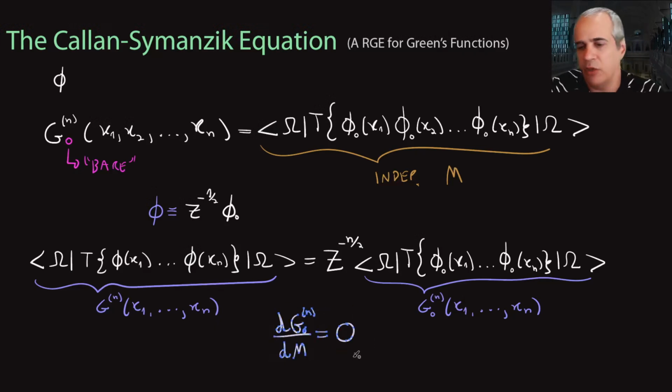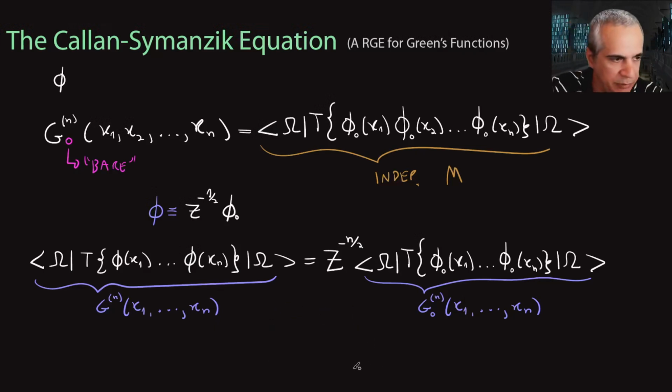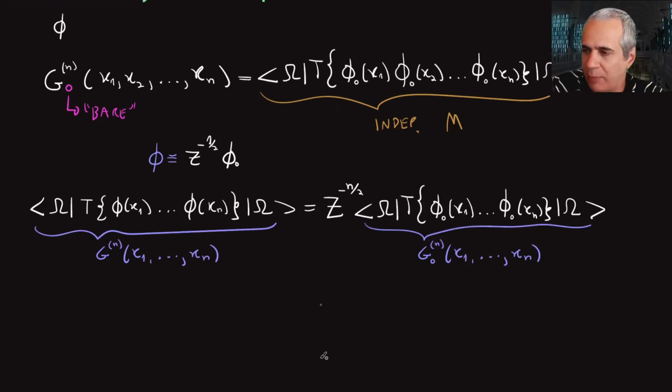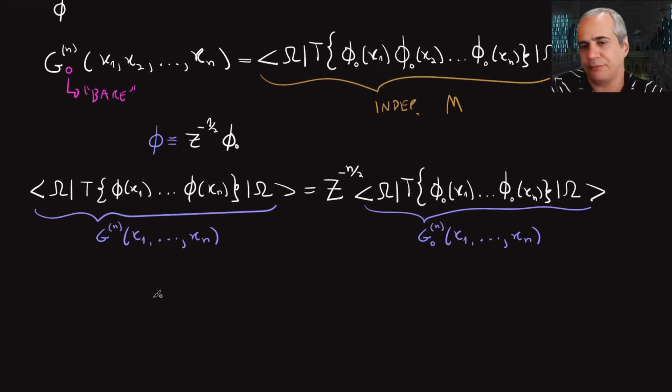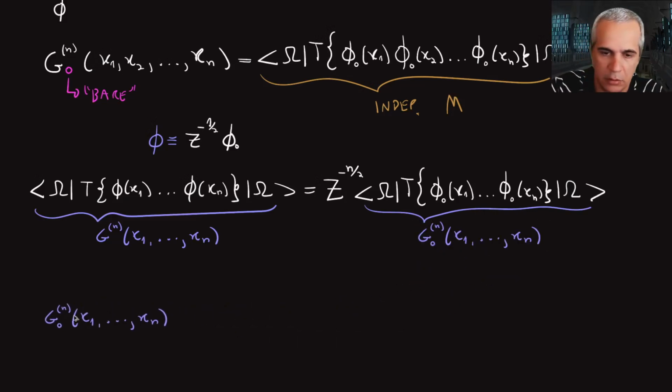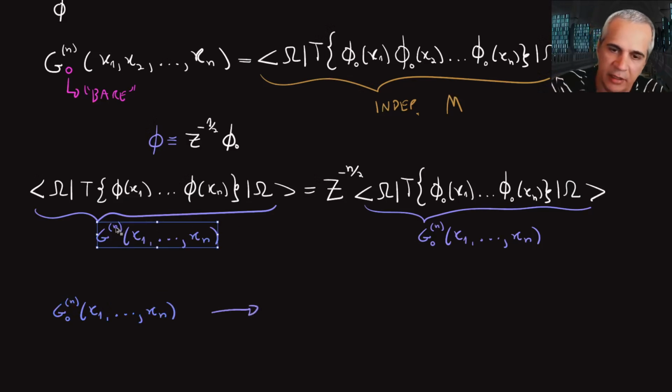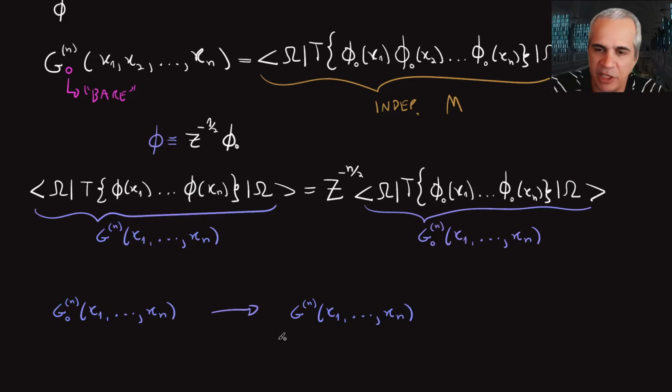So let's do that explicitly. What happens here is that when I go from G0n to Gn, I'm changing a lot of things.